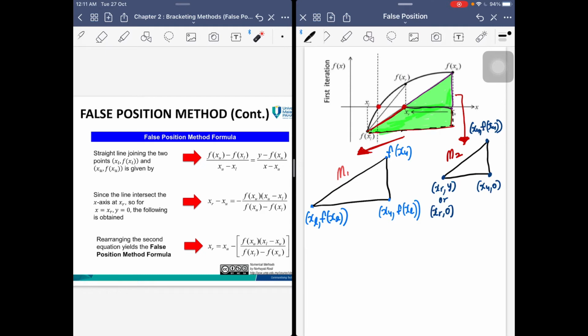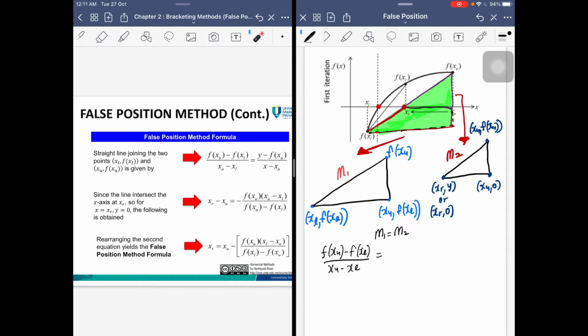So I have M1 equal to M2. The calculation for M1 is FSU minus FSL divided by SU minus SL.